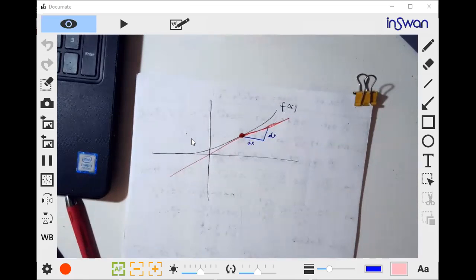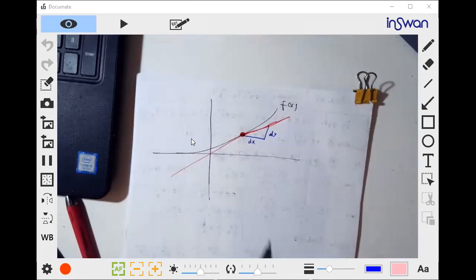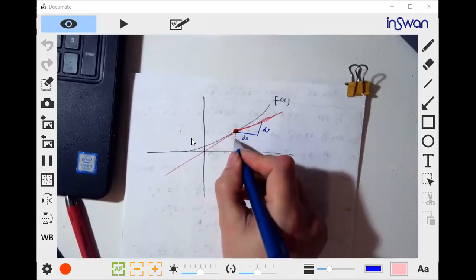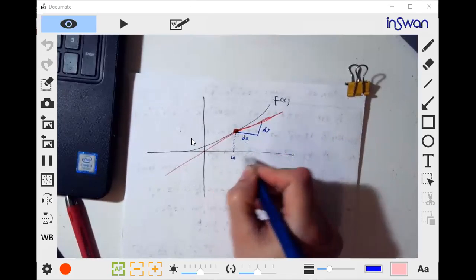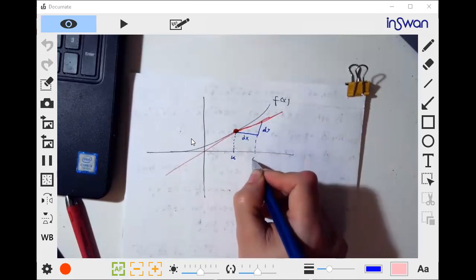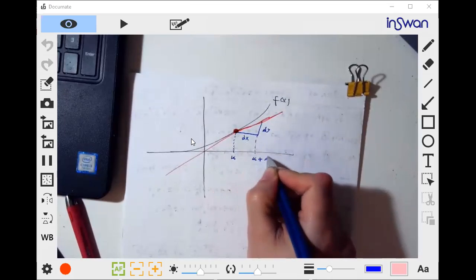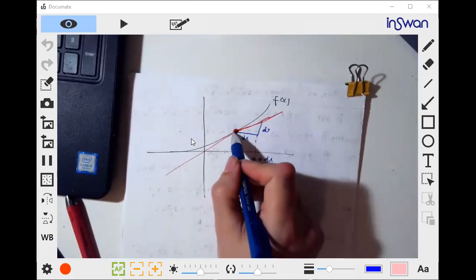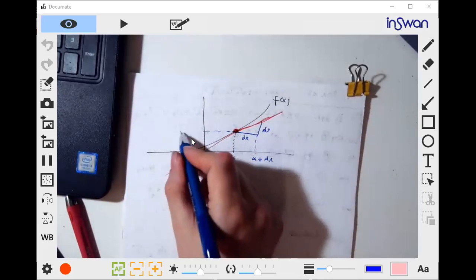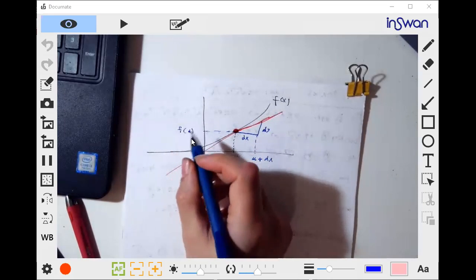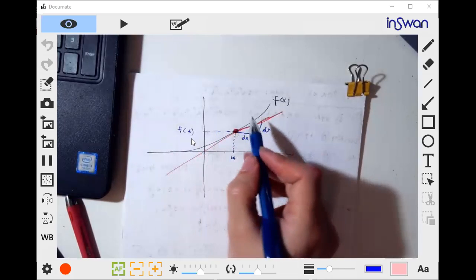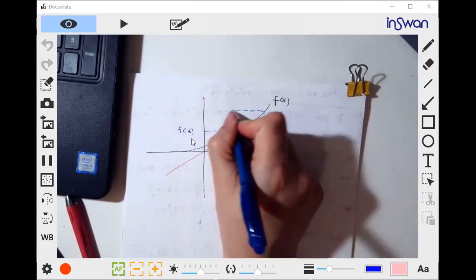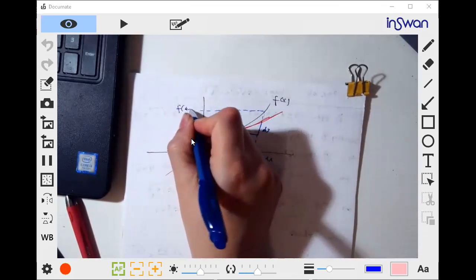Dx and dy just mean a small piece of x and a small piece of y, a differential piece, if you will. We bring this down and call this k, and call this k plus some dx. Then this value right here is some f of k, and all the way up here is f of k plus dx.